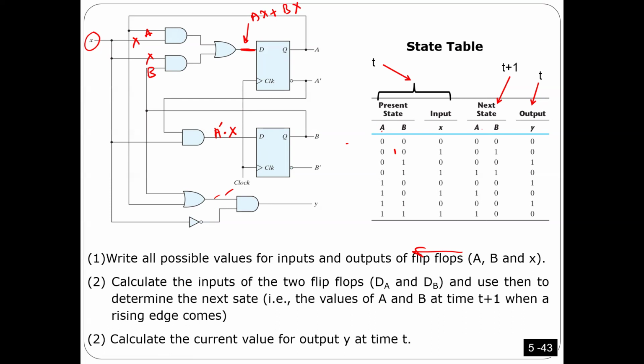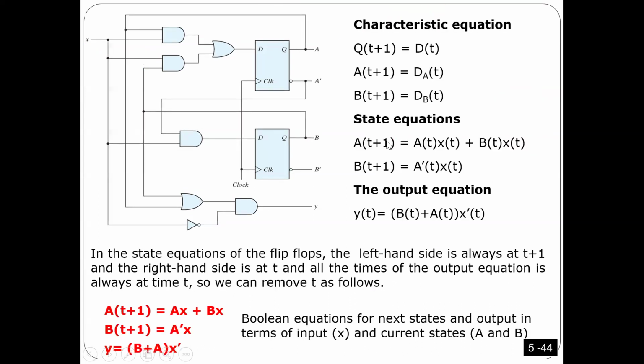I think so. And then that means the new value for A, sorry, should equal AX or BX. Let me see, I think it was maybe a mistake. Yeah, no, it's correct. AX and or BX.